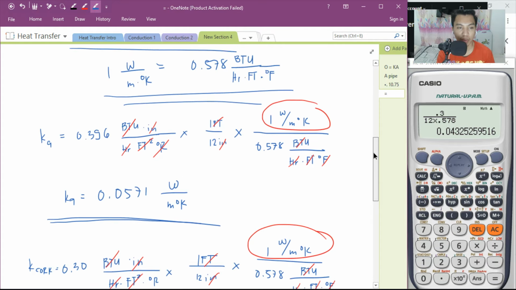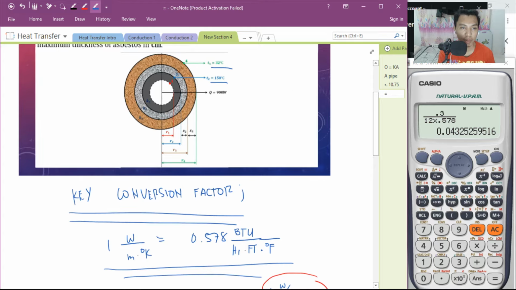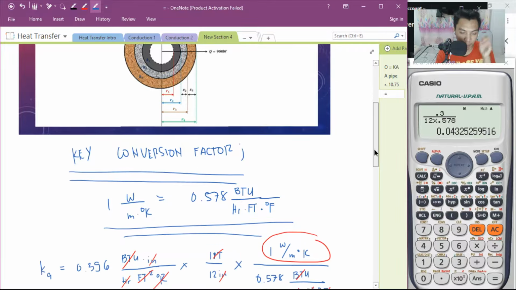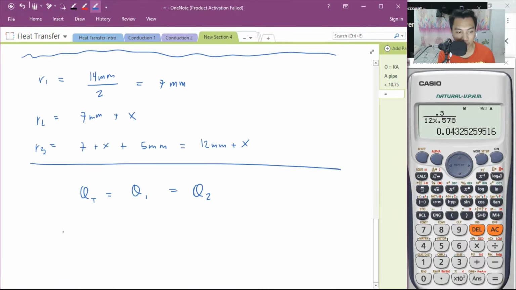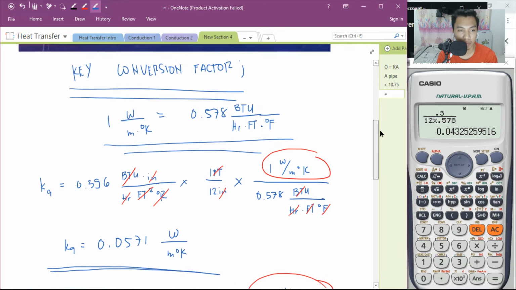Saan mo nakikita yung Q2? Yung Q total nasa loob, yung Q2 nandito, yung Q4, yung Q3 nandito. Now, pwede nating hiwa-hiwalayin. So, Q1 is equal to yung T inside, T1 minus T2 over 2 pi L over yung ln ng D2 over D1.